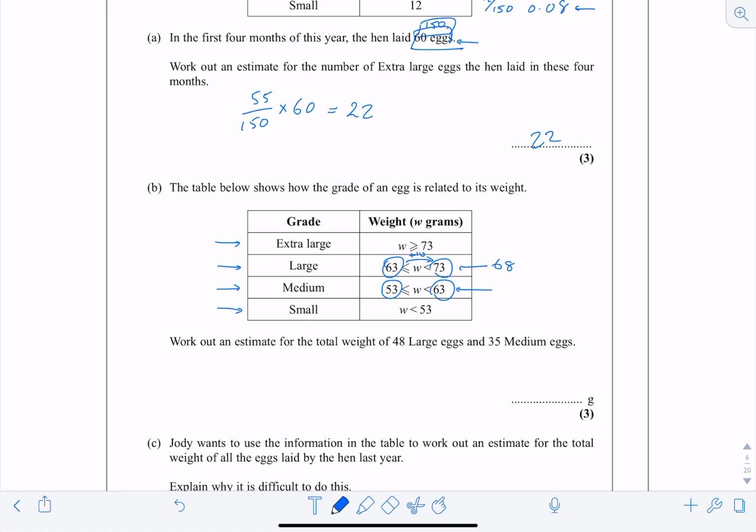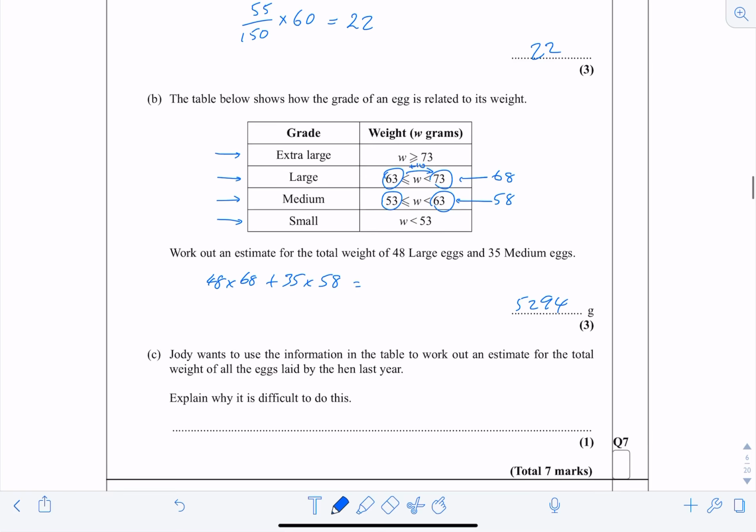I'm going to let 68 represent the weight of my large eggs, and 58 represent the weight of my medium eggs. Then all we need to do is 48 times 68, plus 35 times 58. That's just a calculator job, which is 5,294.